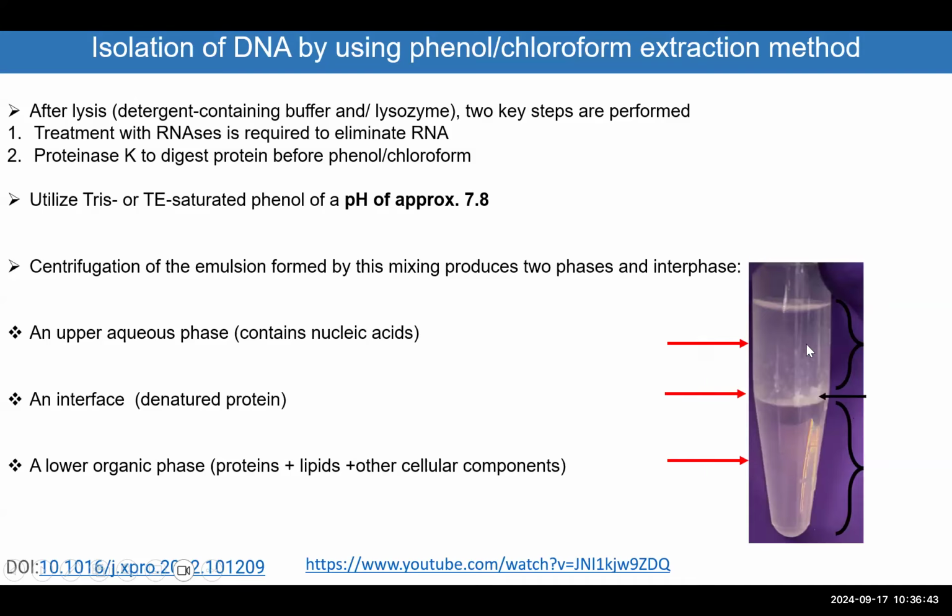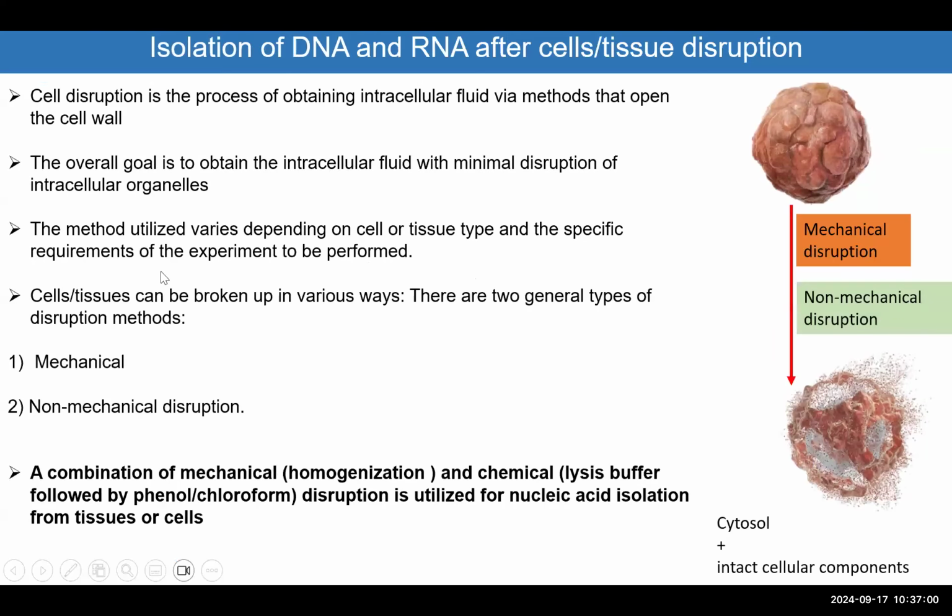Now, sometimes you have this in a kind of pinkish color. So the separation will be, this is white and this is a pinkish color after separation. Now, after lysis, let's imagine here we have chosen the lysis buffer. We disrupted the cells with whatever mechanical homogenization.